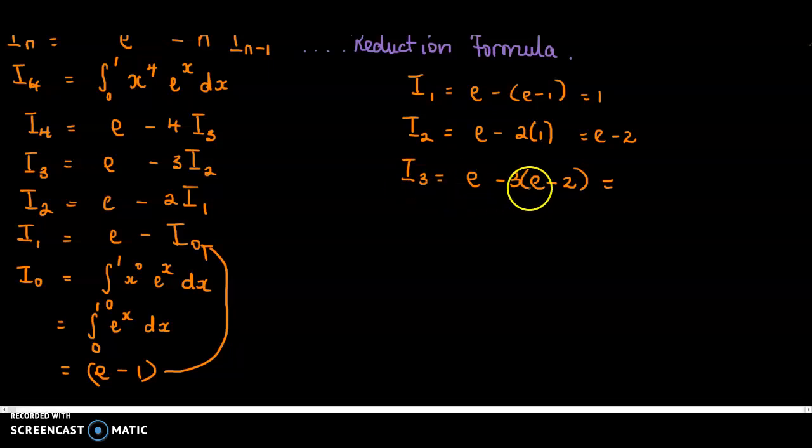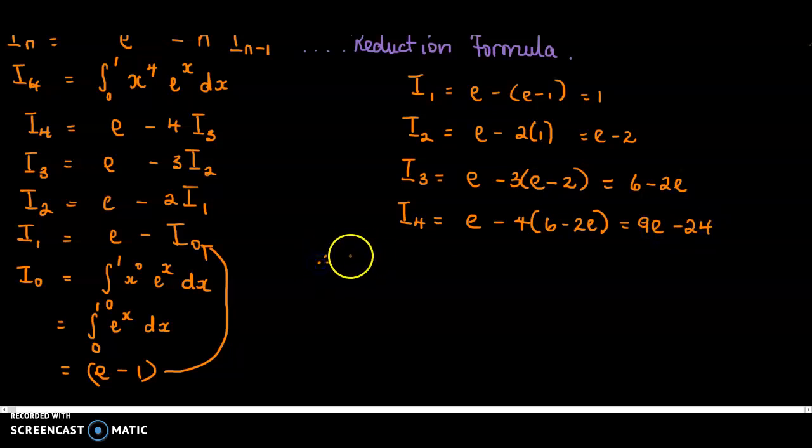So that will give us 6 minus 2e. And I4 is equal to e minus 4 times I3, which is 6 minus 2e. And that will give us 9e minus 24.